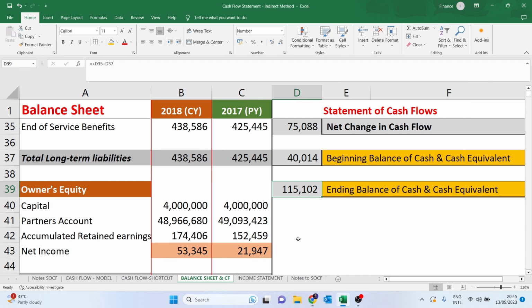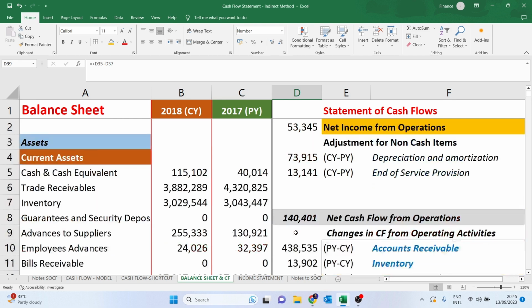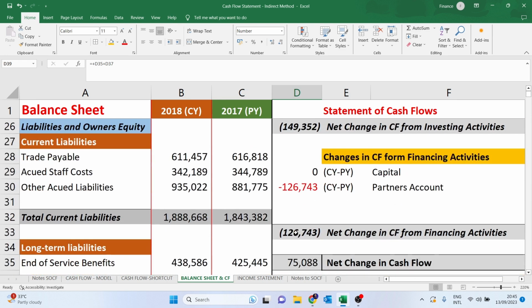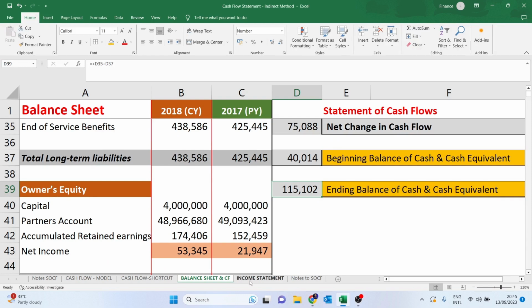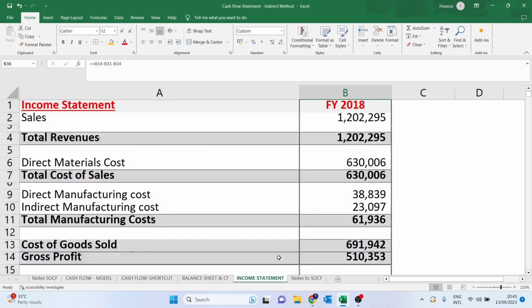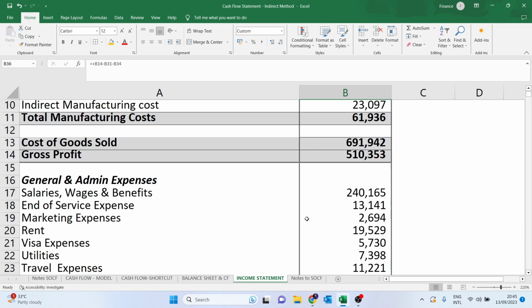So from the balance sheet itself, we have calculated this total balance. But we sometimes need the income statement, because we need to make sure two or three things from it.